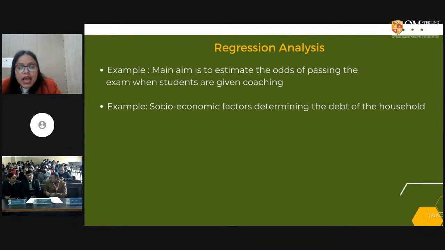If people have more debt or no debt, we want to understand what different socio-economic factors could affect the debt taking capacity of a household, or whether people take debt or do not take a loan. We want to understand this concept. Next.